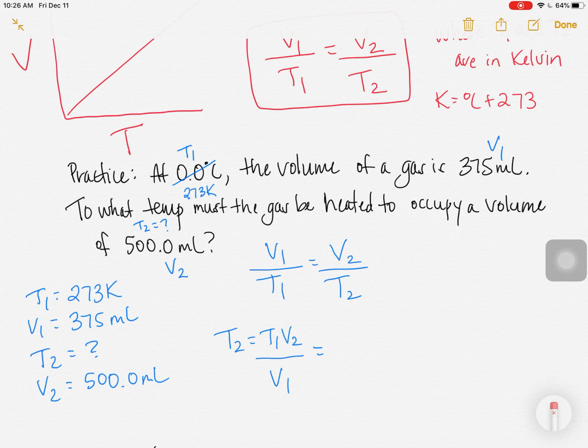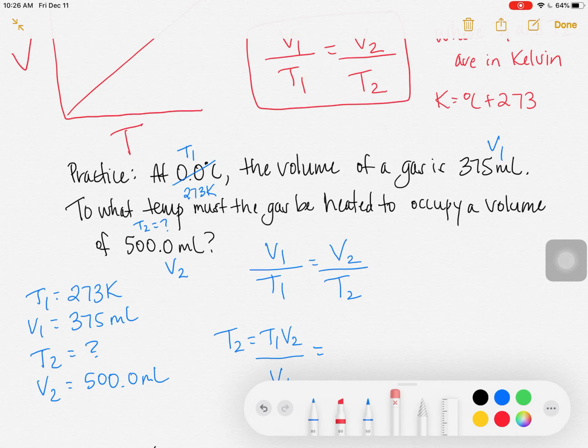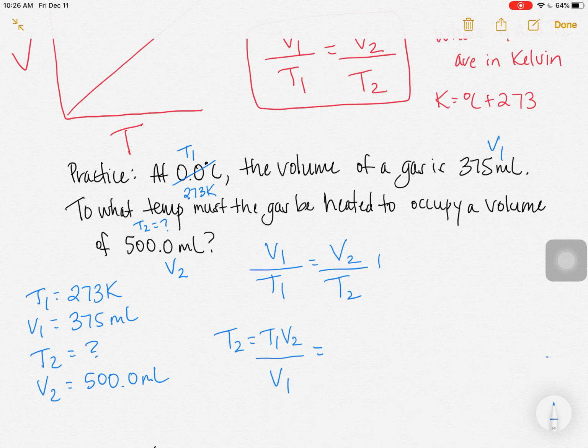Now, I'll show you a second way. If you're doing it more of an algebraic approach, you're probably taught to get T2 off the bottom of this. So multiply both sides by T2, right? But then over here on this side, you have to get rid of V1 and T1.